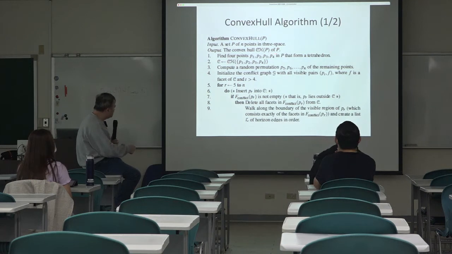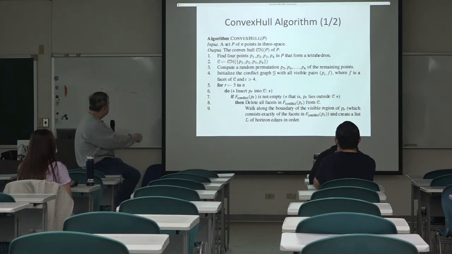For the first 4 points, we just create the first convex hull with 4 points, and we also create the initial conflict graph.